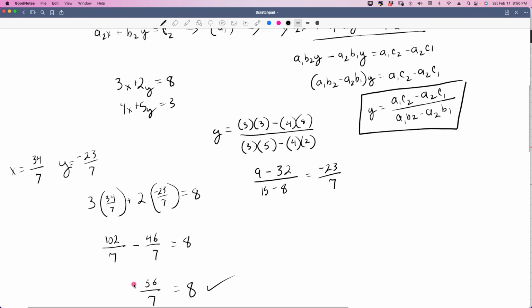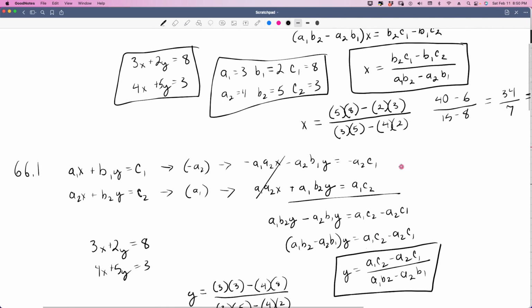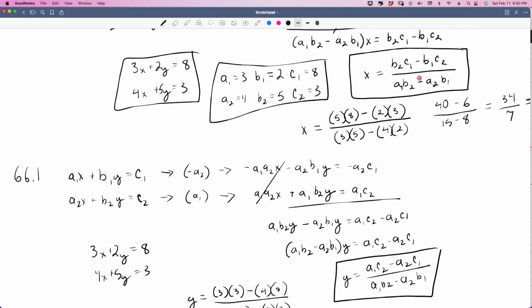Perfect. So you see it's mathematically sound. So you can use this formula for y and this formula for x in order to solve any of your systems of equations that are in the form of two variable systems, x and y. All right, and that's when they're both in the first degree.